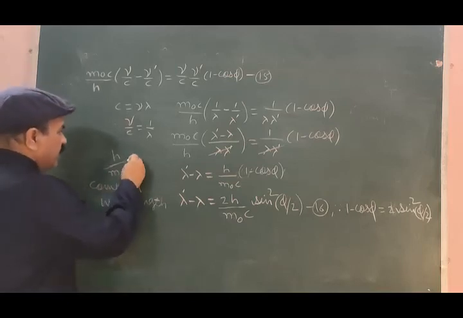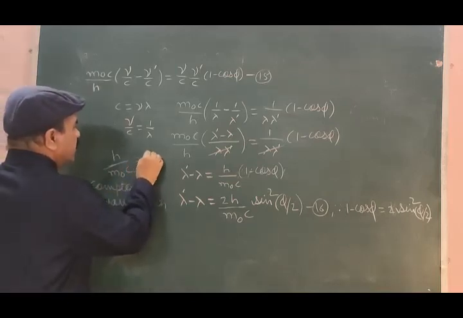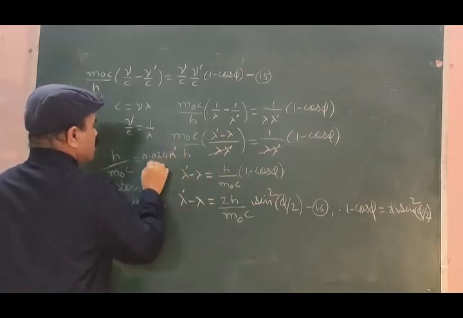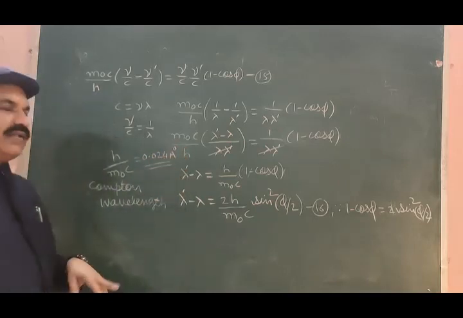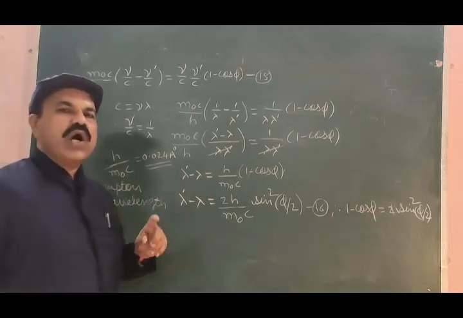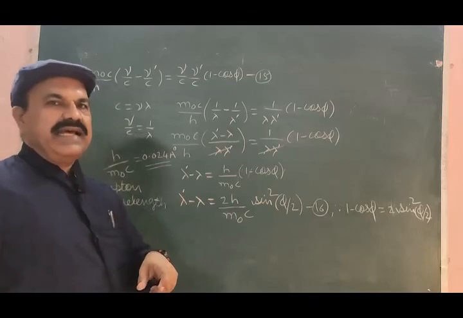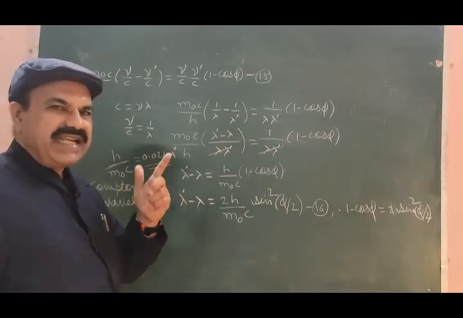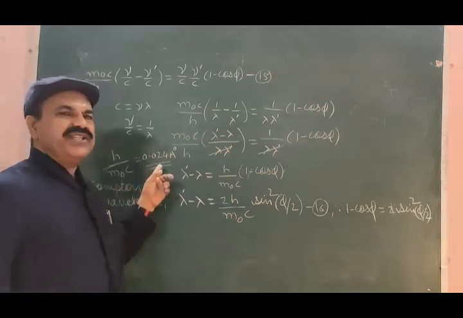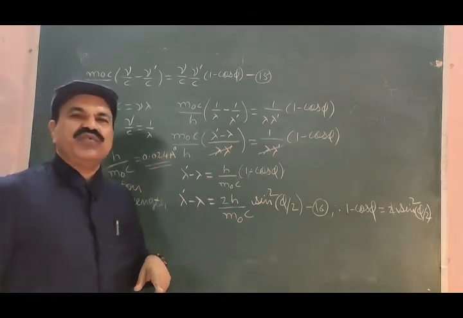For the scattering particle electron, this Compton wavelength is 0.024 angstrom.